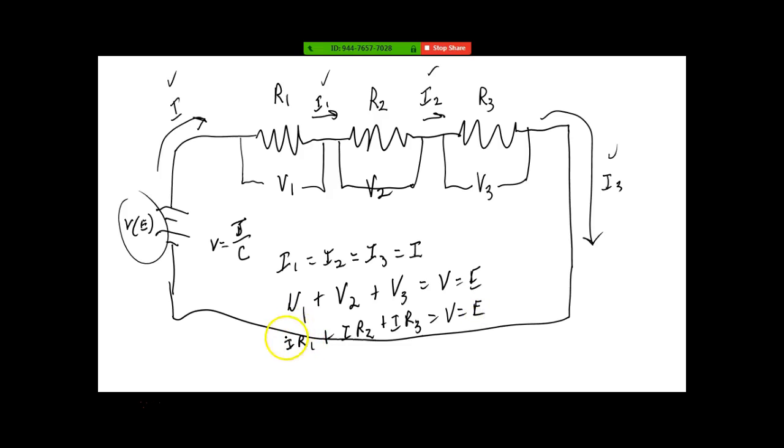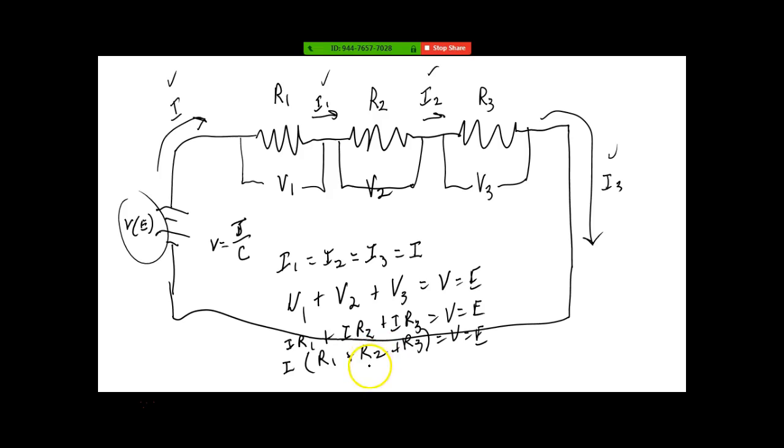Well, guess what? The I's are the same. You could factor those out and just say I, and then this would be R1 plus R2 plus R3, once you factored out the I, and that's equal to the voltage, or E, or whatever you want to call it. That's not energy, that's electromotive force, EMF.